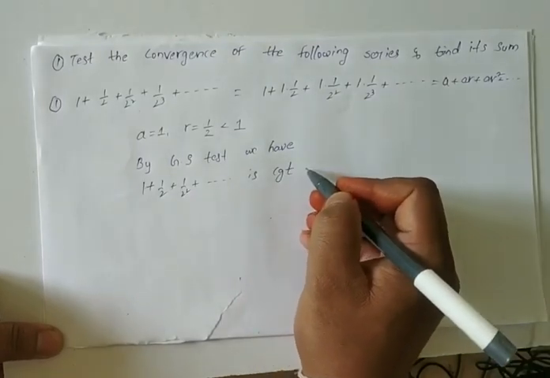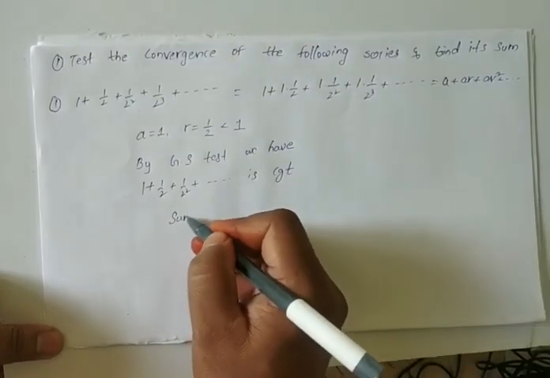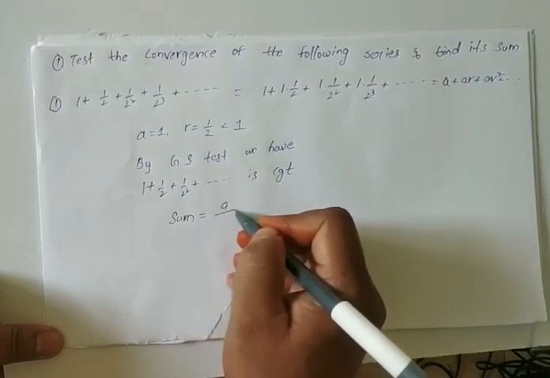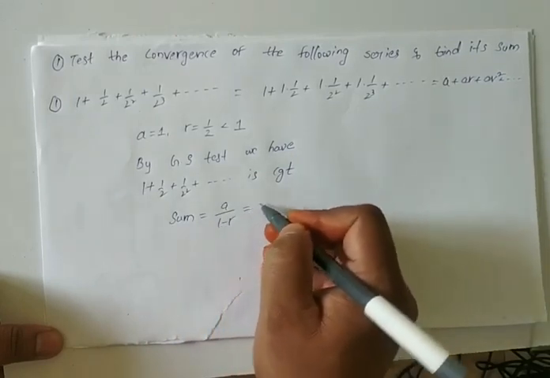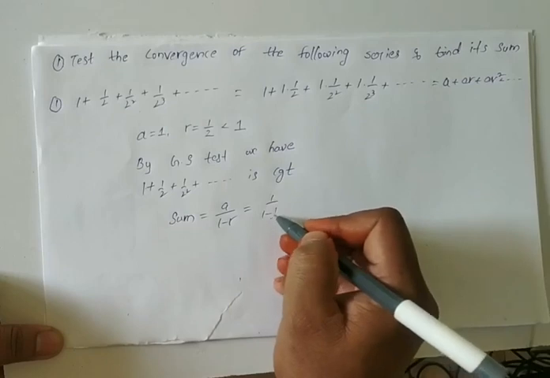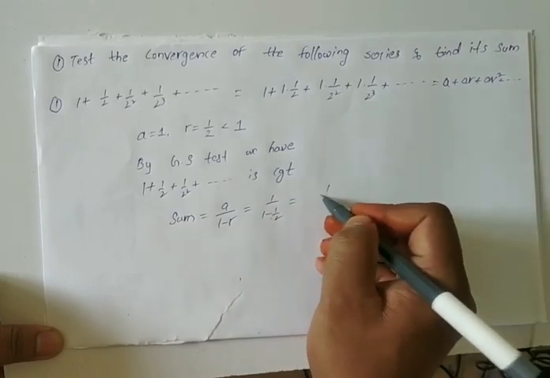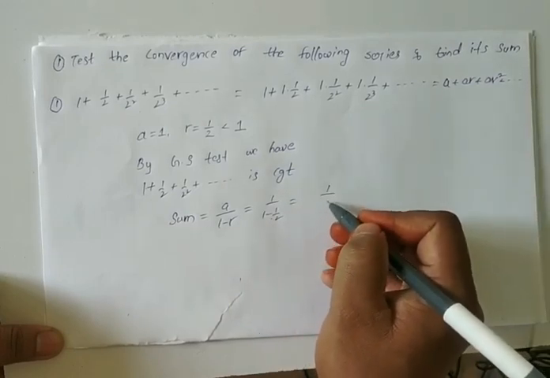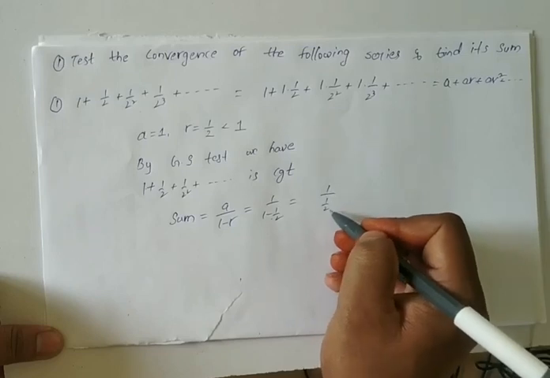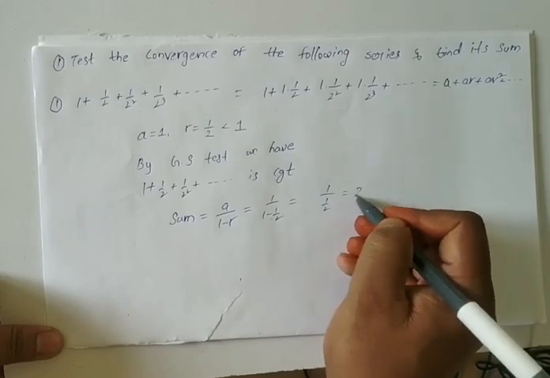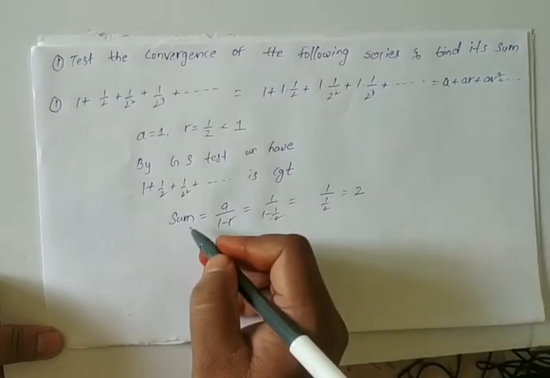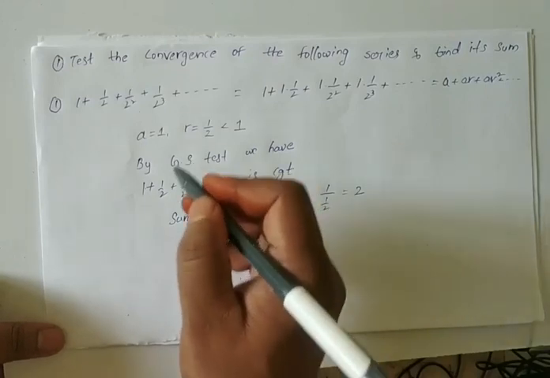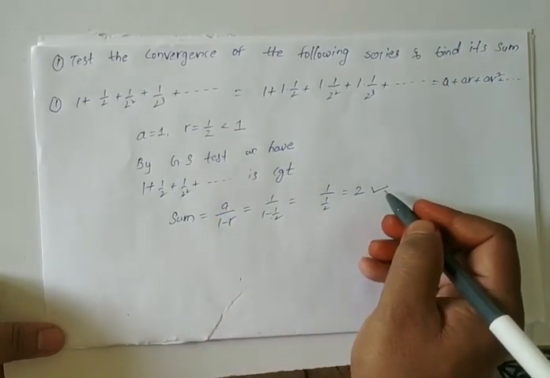And in this case the sum of the series will be equal to a by 1 minus r, which is 1 by 1 minus 1 by 2, that is 1 by 1 by 2, which is nothing but 2. Here in this case the sum of the series will be equal to 2.